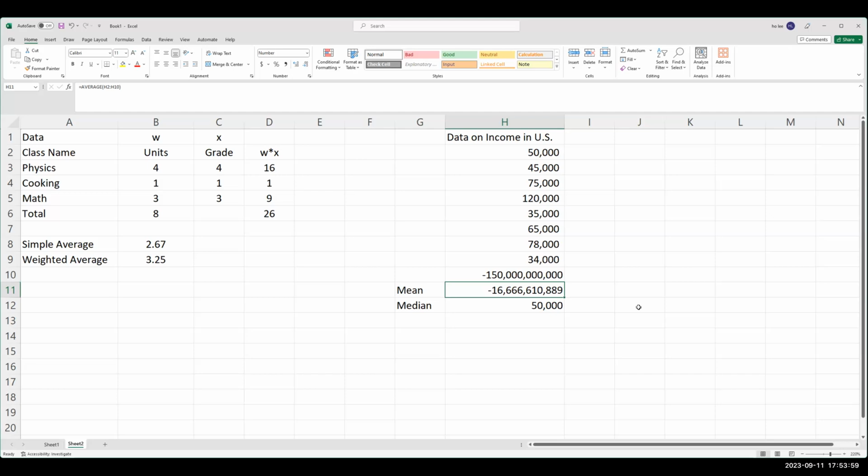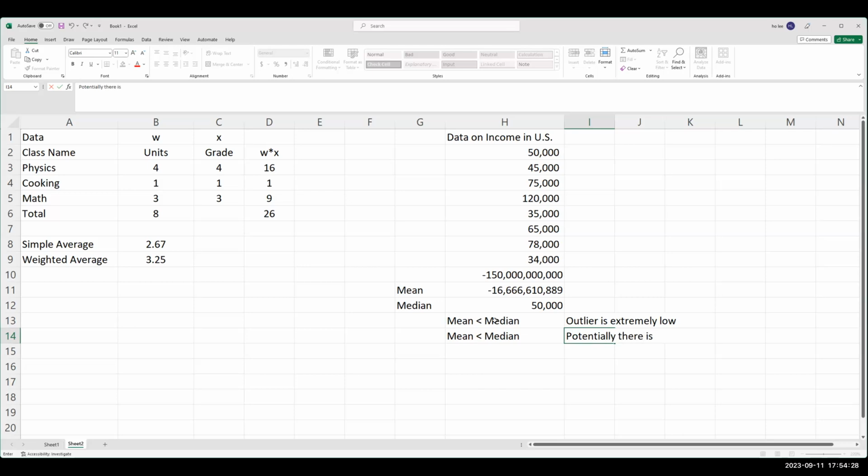It looks like we have an extreme outlier at the left-hand side of the distribution, some extremely low number. When the mean is less than the median, that means the outlier is extremely low. When the mean is greater than the median, then potentially there is an outlier and it is extremely high. Depends on how big the difference is.